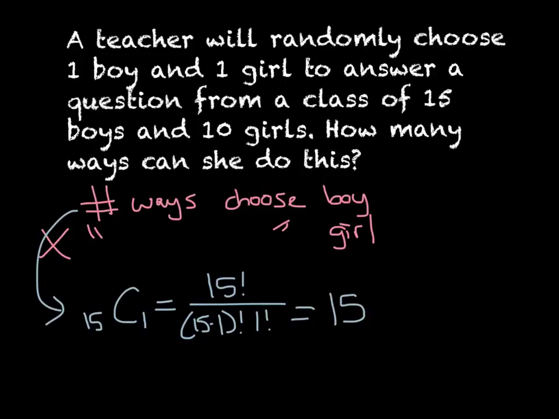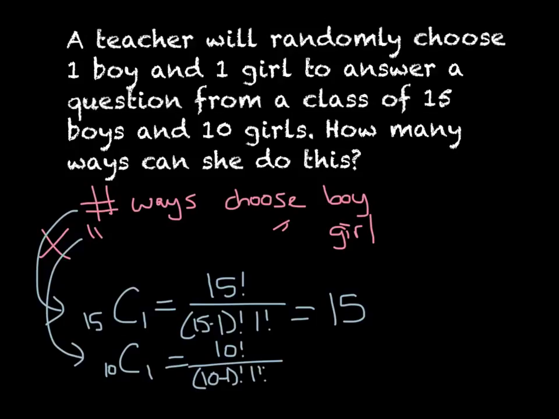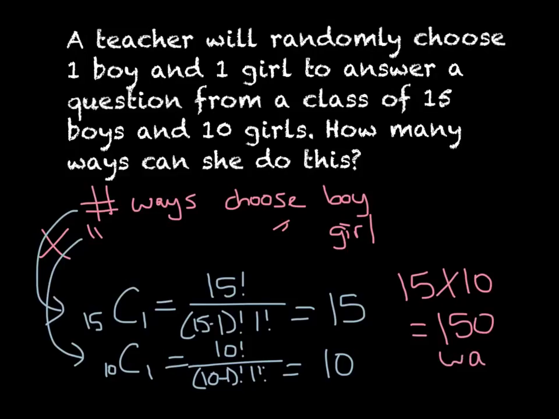And then the number of ways she can choose a girl is combination 10, 1, 10 factorial over 10 minus 1 factorial times 1 factorial, which is 10. So applying our fundamental counting principle, we have the total number of ways she can choose 1 boy and 1 girl is 15 times 10, or 150 ways.